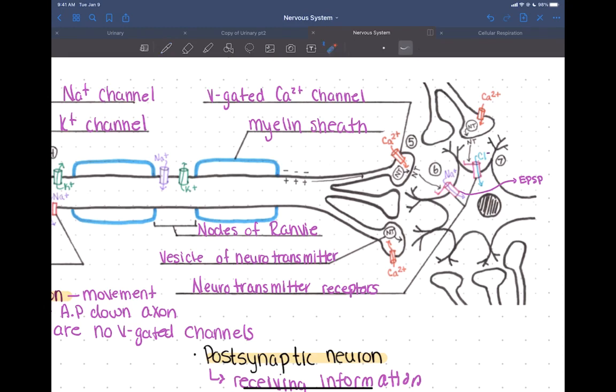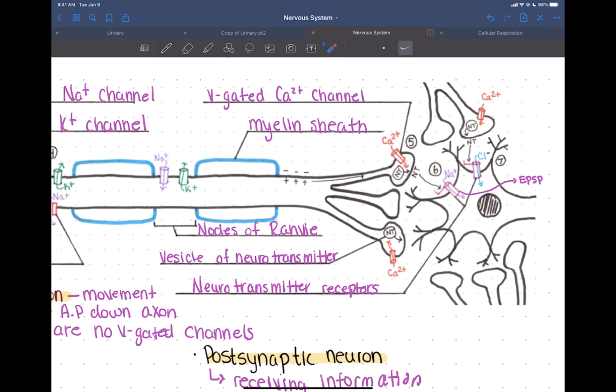Remember, this is our soma, so we don't have any voltage-gated sodium channels until we reach our axon hillock. So we're just going to be making little EPSPs that can add together to bring us to threshold eventually. So a neurotransmitter that opens a sodium channel is going to create EPSPs.